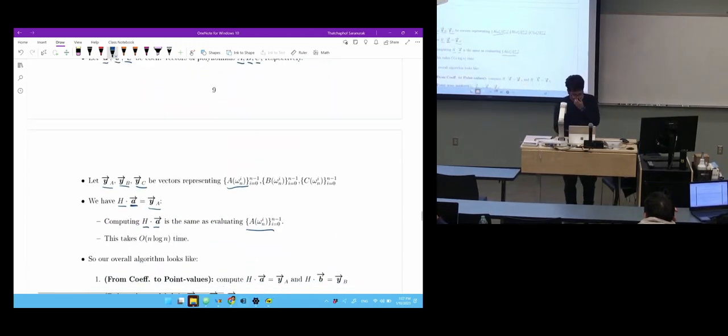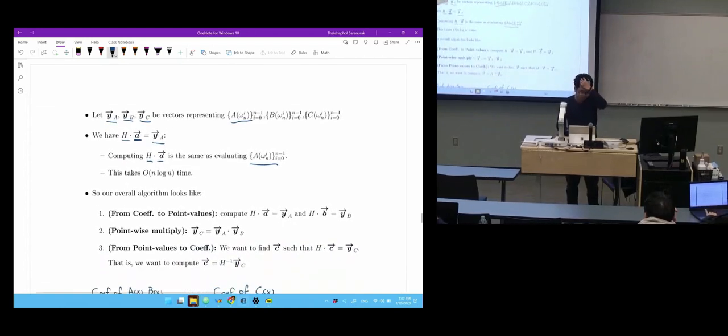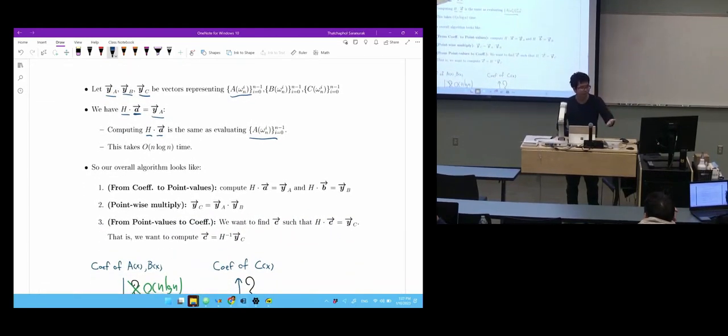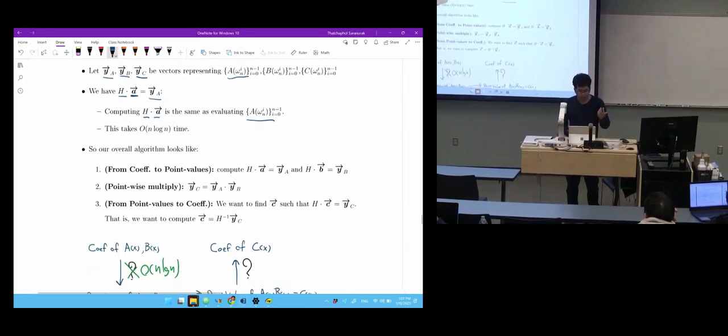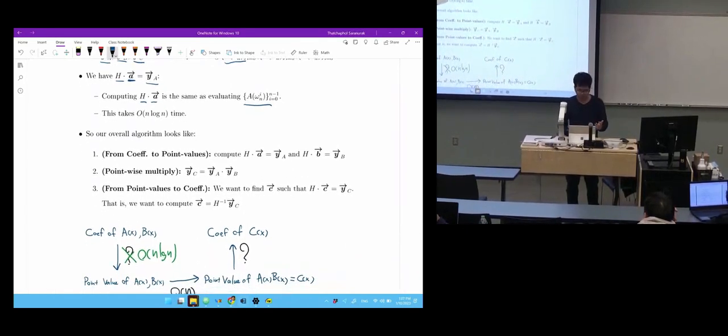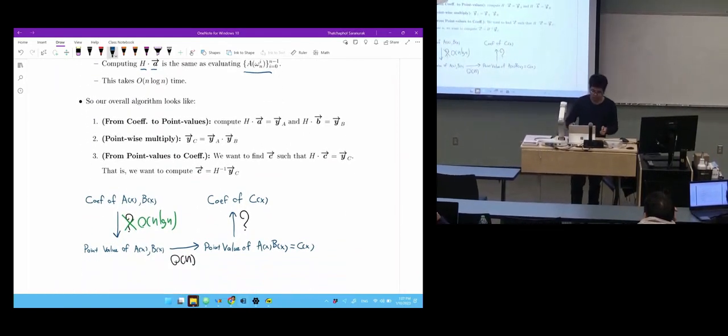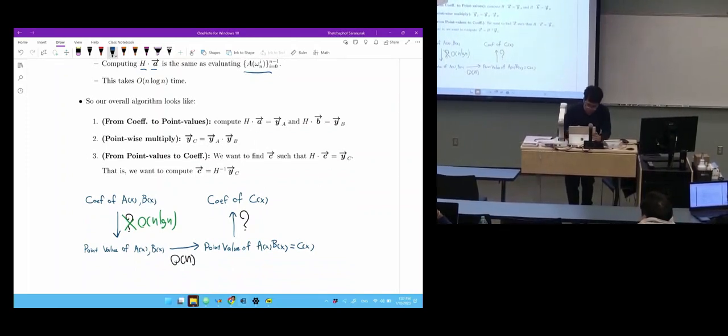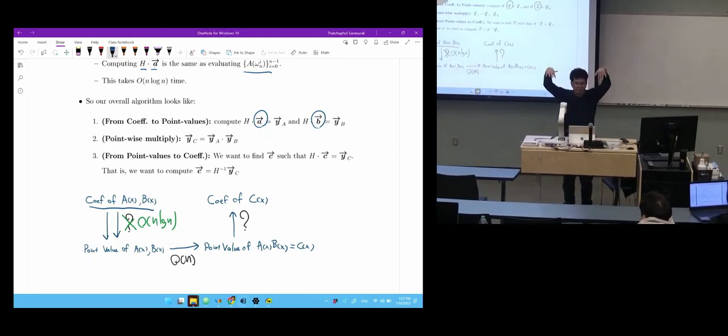Okay. Good. So let me rephrase what we have done so far in the matrix view. Our overall goal is that we are first given the coefficients of A and B. That is, we are given vectors A and B. Then we evaluate A and B at many points, at the roots of unity.